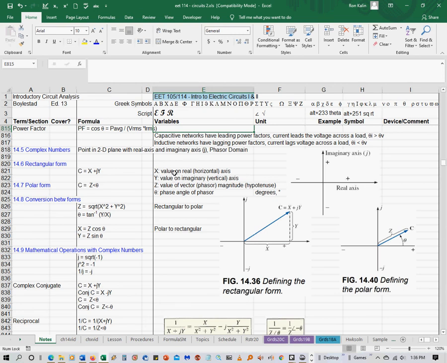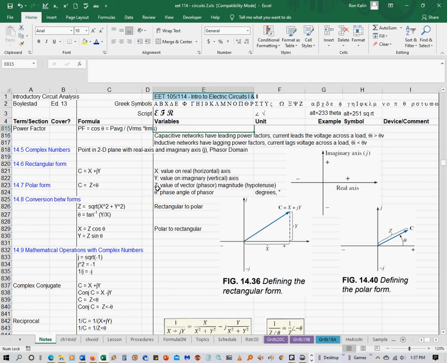It could be a negative number. For our purposes, this is going to end up being the resistive component, and it's always going to be positive. But for complex number general math, it can be negative. And then the Y value is on the imaginary vertical axis, and again it can be any number along this line, positive or negative.